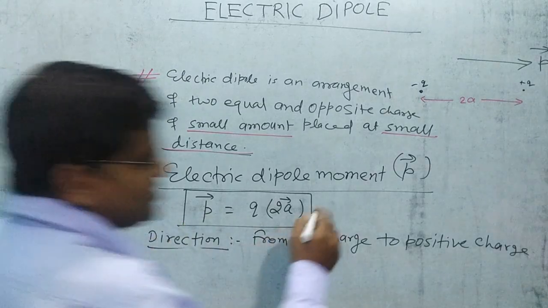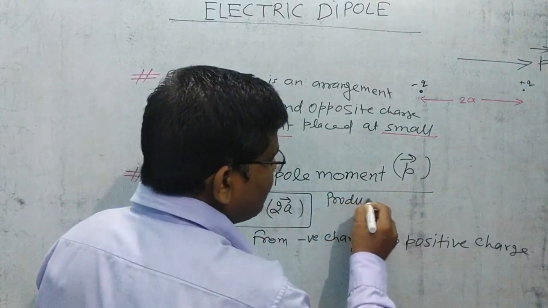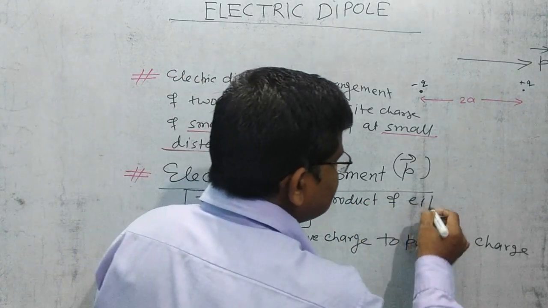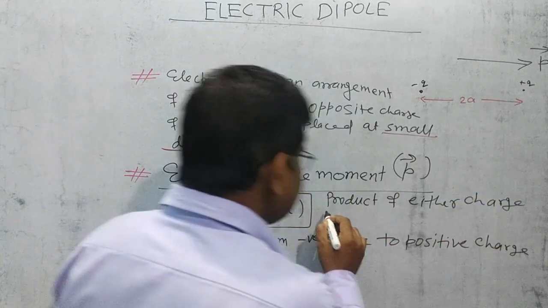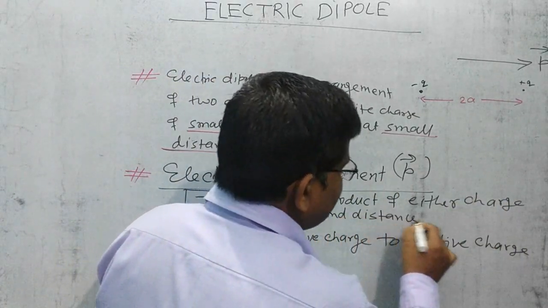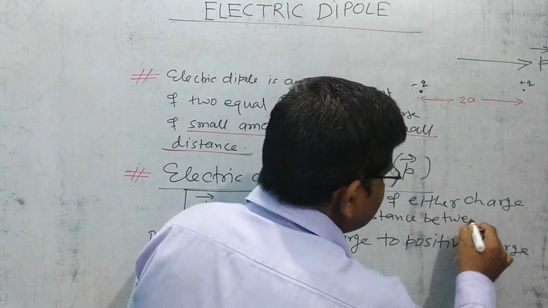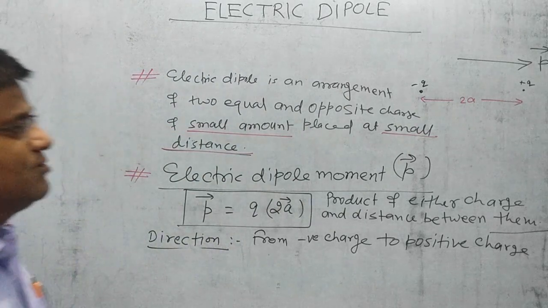Electric dipole moment is the product of either charge and the distance between them. Clear? Okay.